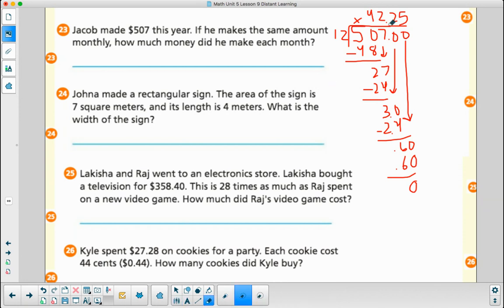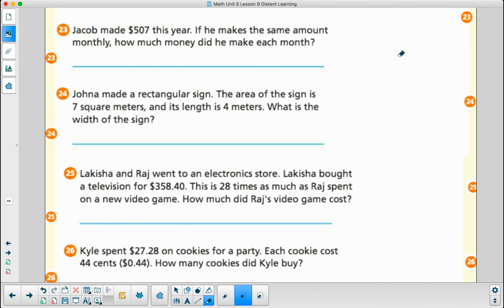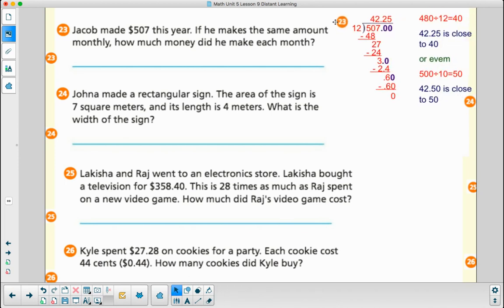Now, one thing I want you to do is see if my answer is reasonable. To see if my answer was reasonable, here was my division. I thought, all right, dividing by 12 is pretty easy, but 507 isn't very easy to divide by 12.